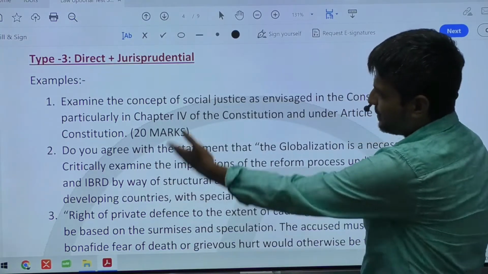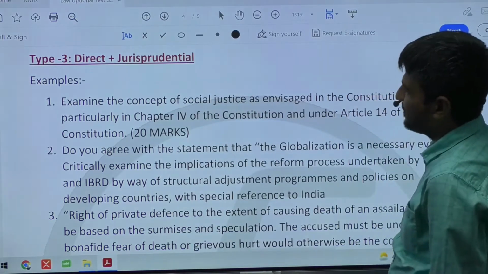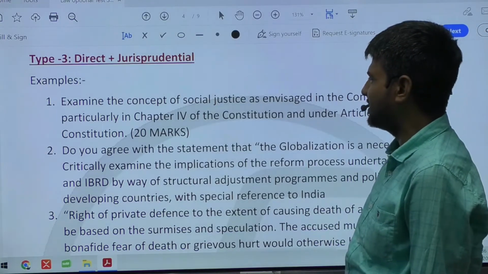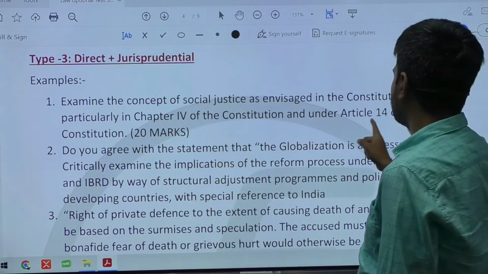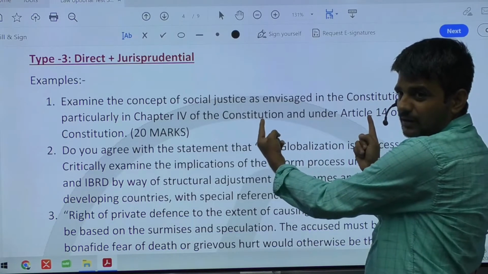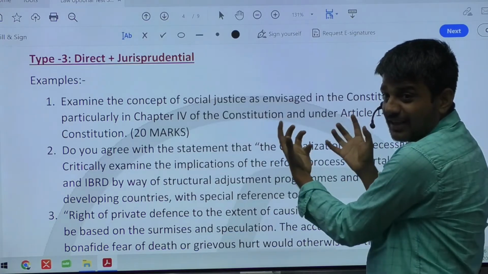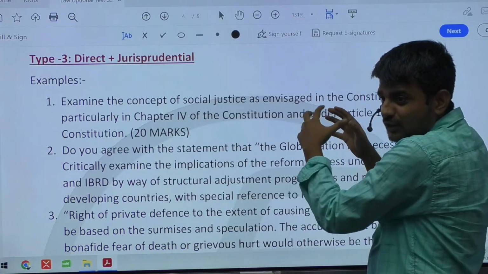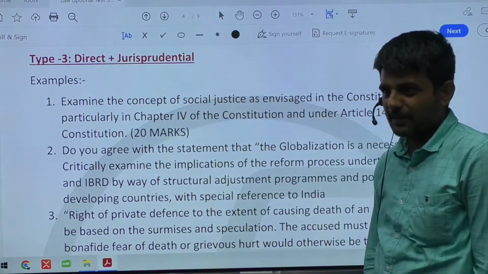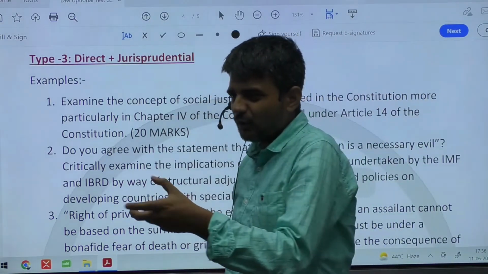Suppose question number 1: examine the concept of social justice as envisaged in the Constitution, more particularly in Chapter 4 of the Constitution and Article 14. So the question is about these two. But what is the conclusion that they are looking for? That these two somehow assemble and lead to social justice. Getting my point? Understood?